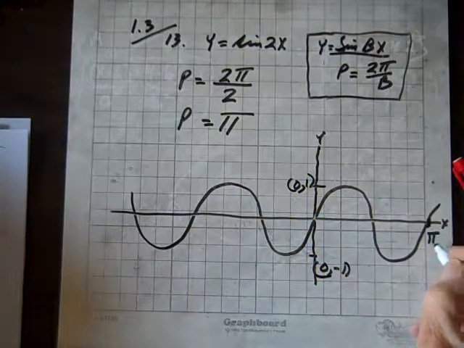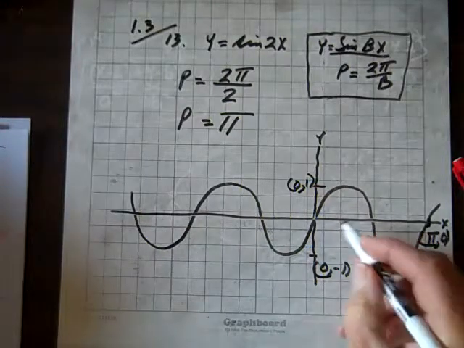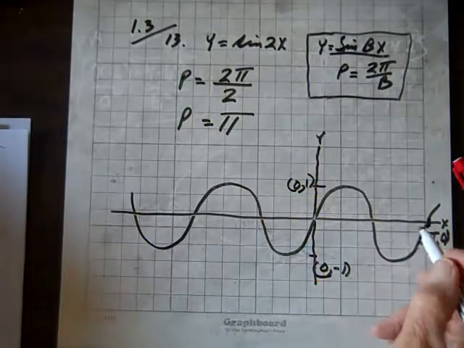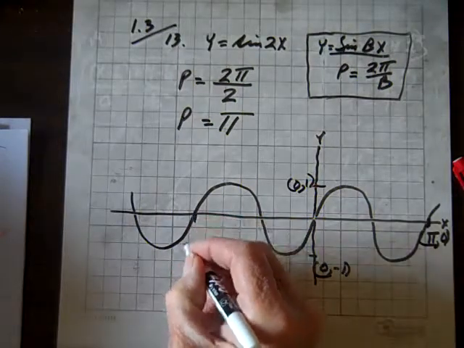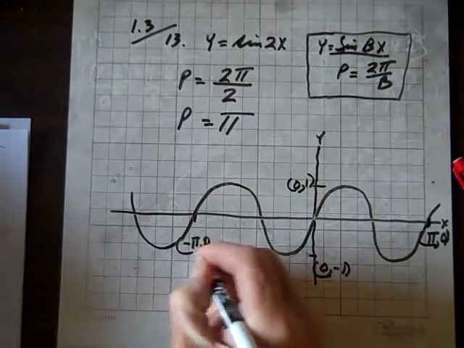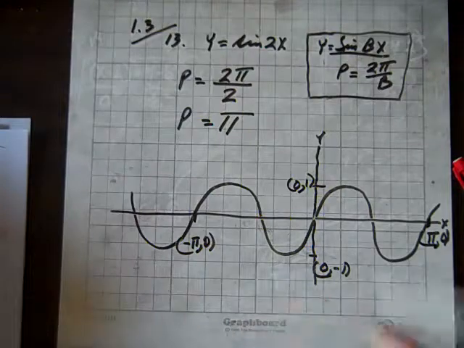The coordinates of that point are pi, 0. The curve repeats itself; the y values repeat themselves every pi units. So I'll also identify -pi, 0, that point. And we've graphed it, we've identified the period, we're done.